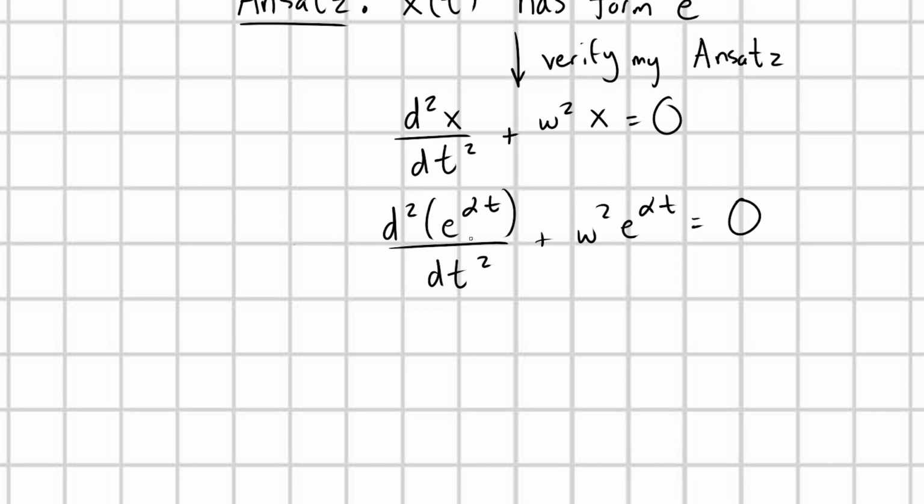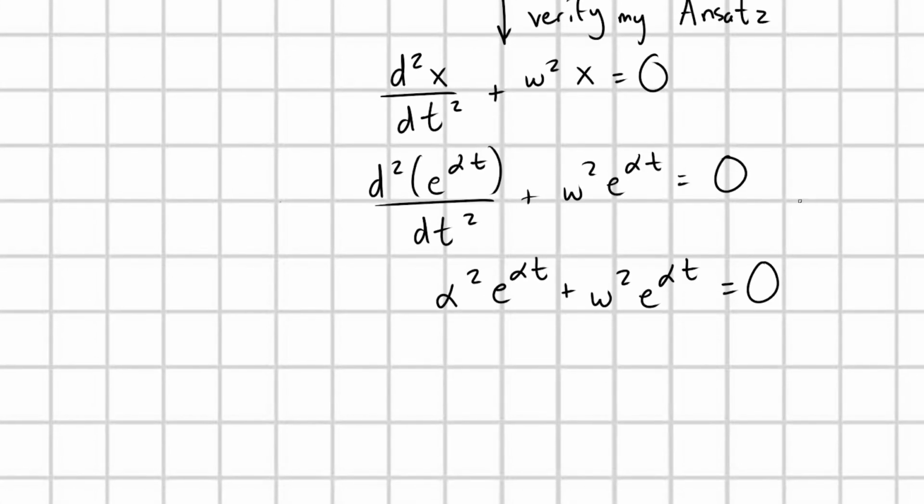We can very easily take derivatives of e to the alpha t with respect to t. This is simply equal to alpha squared e to the alpha t plus omega squared e to the alpha t equals 0. Wow, would you look at that? I can cancel out these e to the alpha t's.